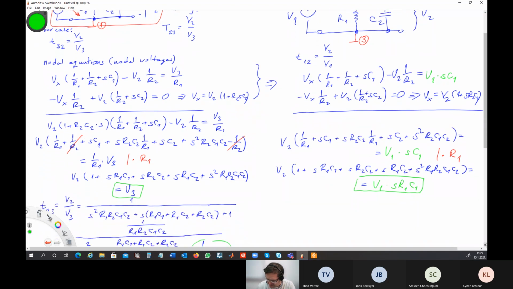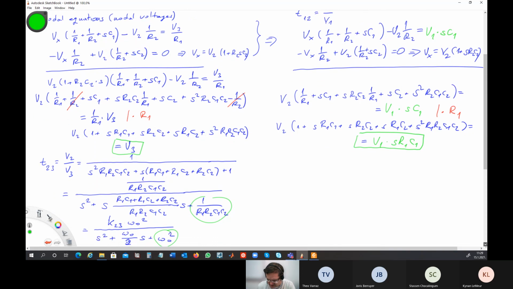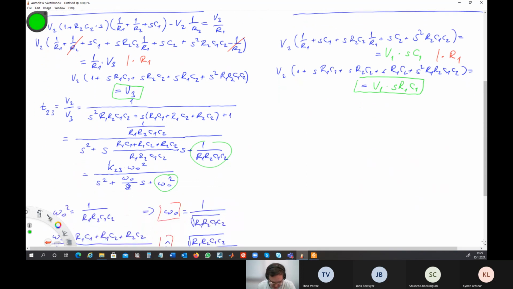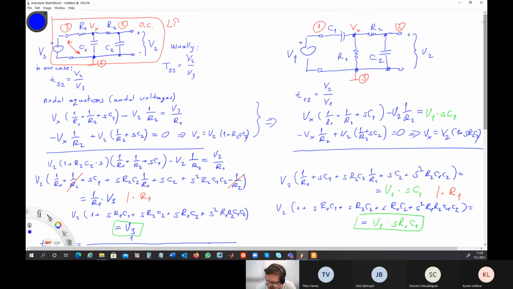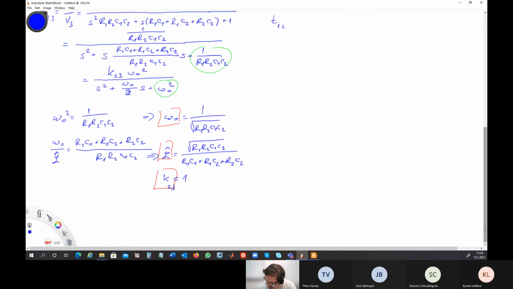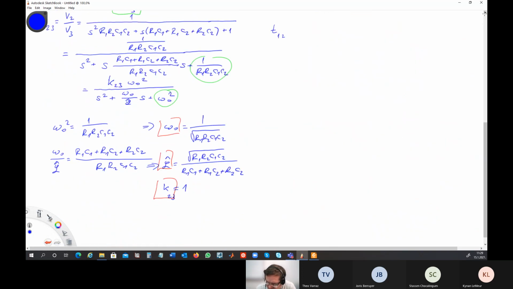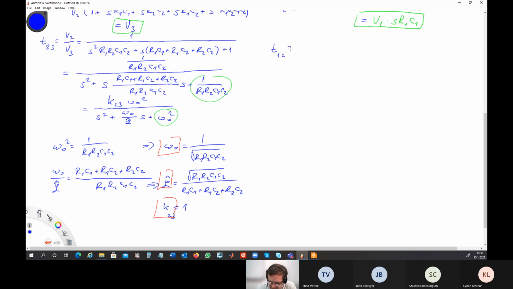So finally, because we started from the same network, we just entered the network from a different entering point. T1 2, just check. So T1 2 is equal to V2 over V1.